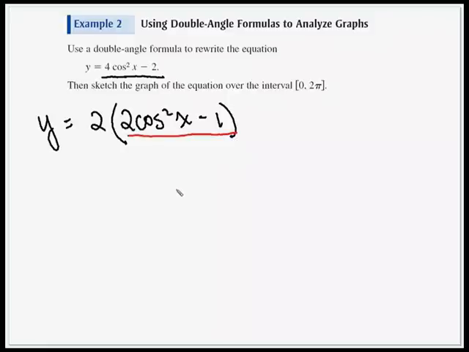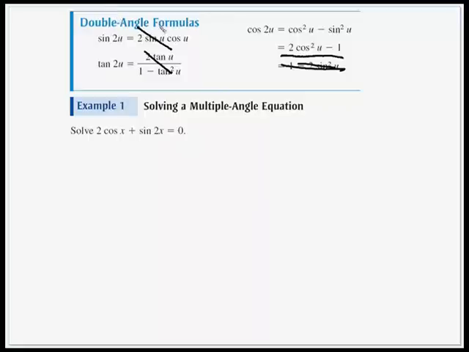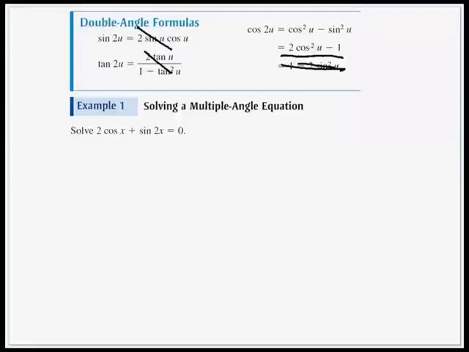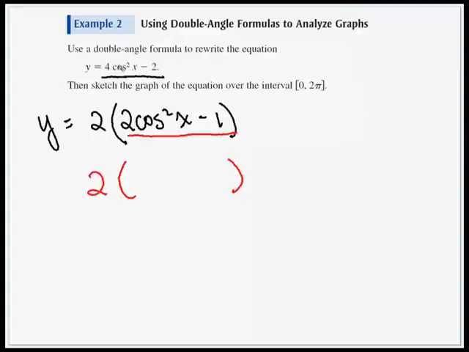So we can take that 2 cos squared minus 1 and replace it with the cosine of twice that angle.